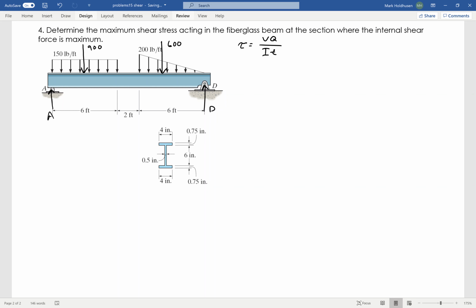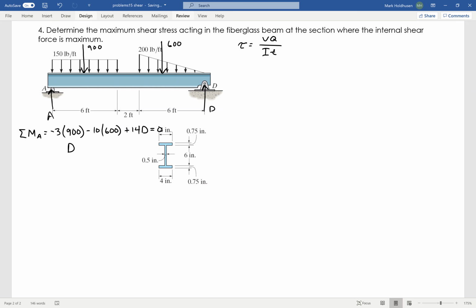So if I sum the moments about A, I get -3 times 900 minus, that would be 6, 2, that'd be 8, and then another 2, that'd be 10 times 600, and then 14 times D equals 0.